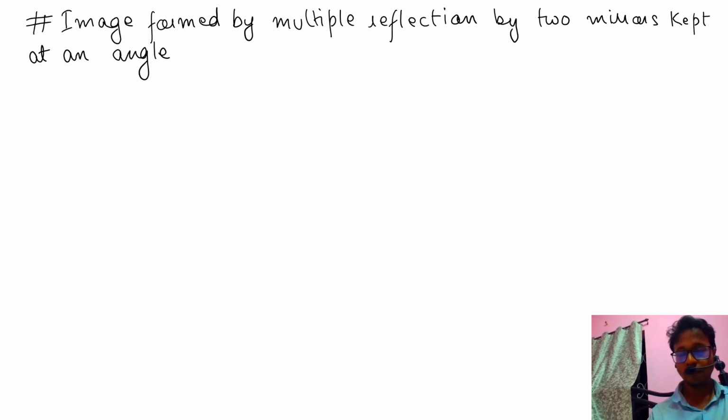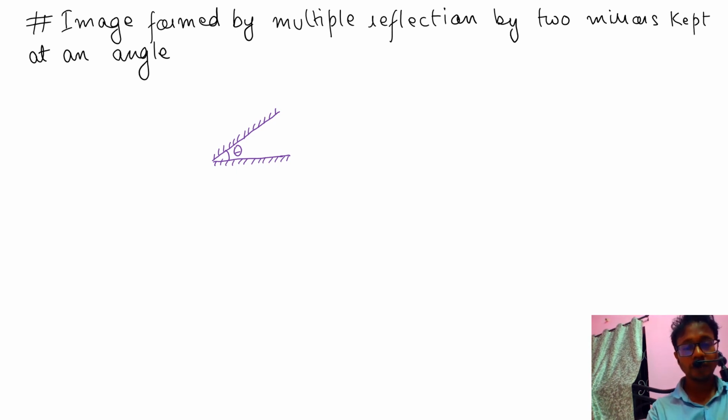That means what the scenario is saying is that there are two mirrors out here. One mirror is like this and the other mirror is like this. Now suppose there is an object out here.